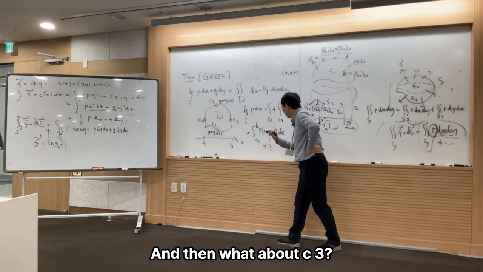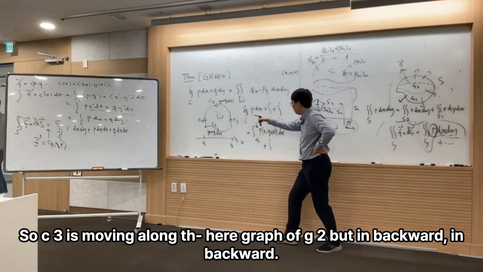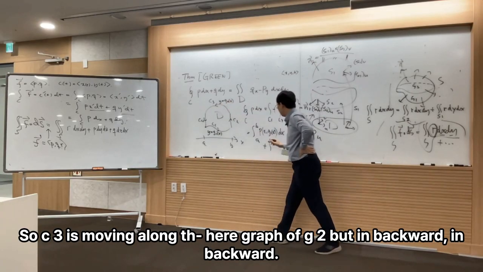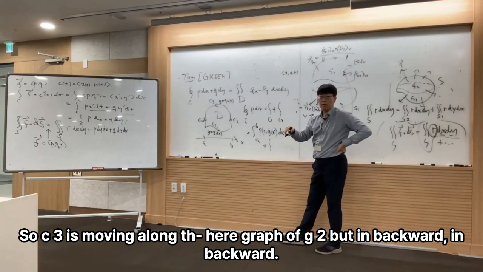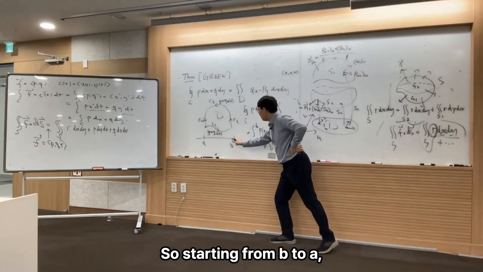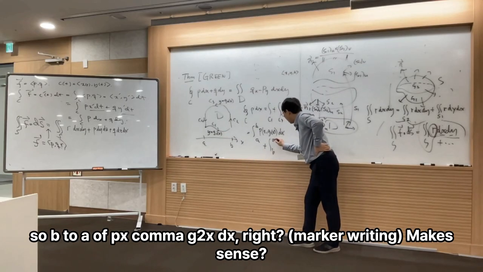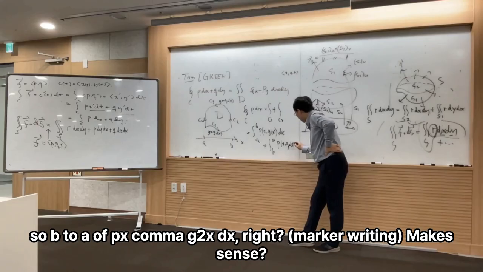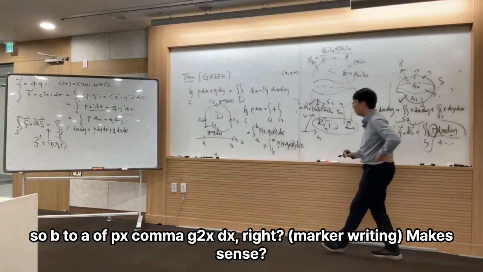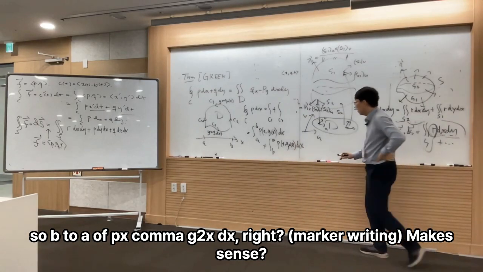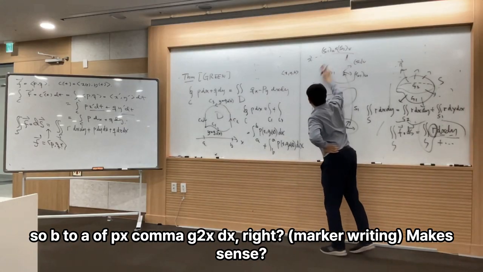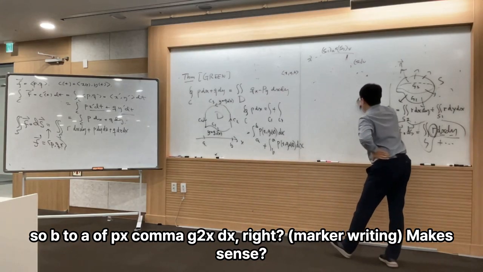And then what about C3? C3 is moving along here, the graph of g2, but backward, starting from b to a, of P(x, g2(x)) dx. Make sense?